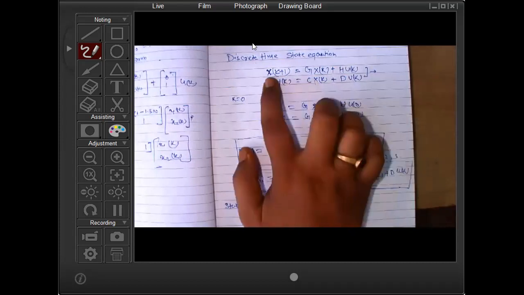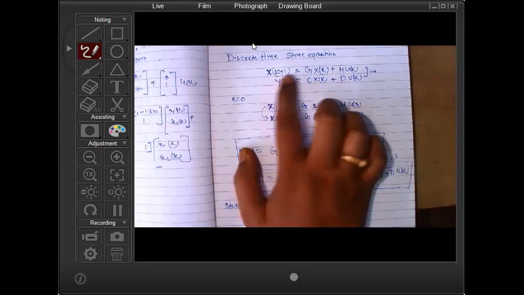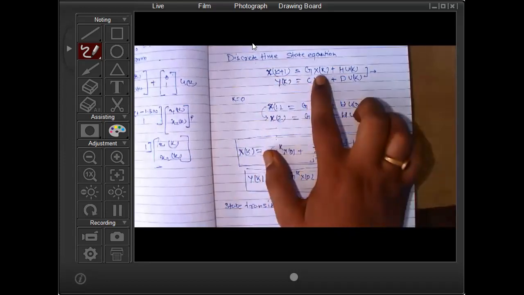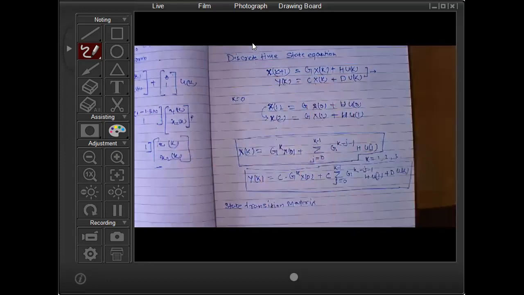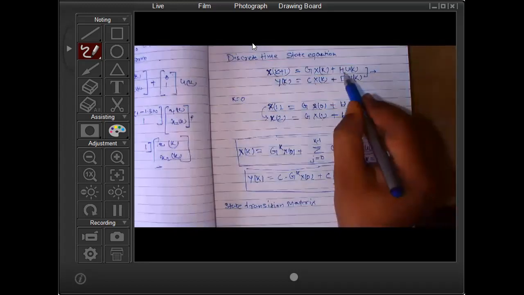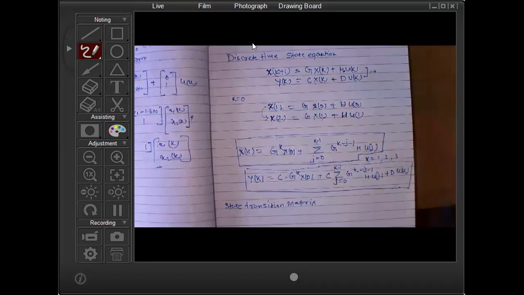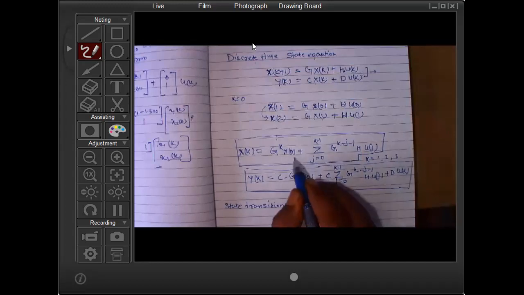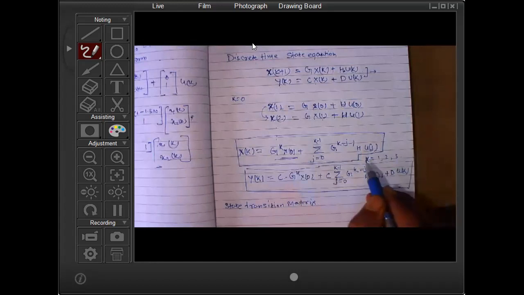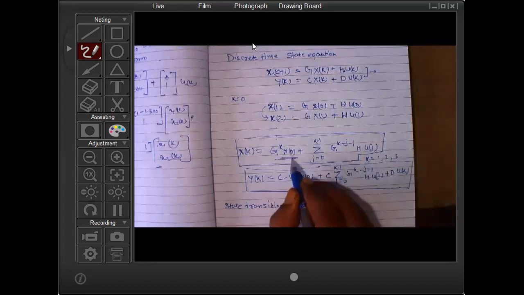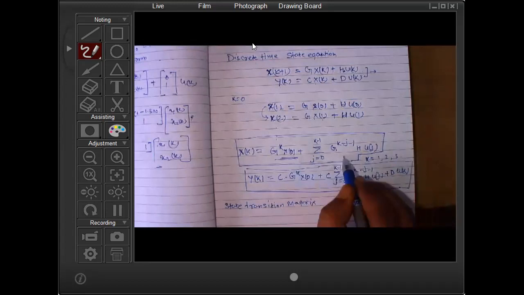If the state equation of a discrete time system is x(k+1) equals G xk plus H uk, then it is called non-homogeneous. The solution of the homogeneous state equation has only this part, and the solution of the non-homogeneous equation has two parts.